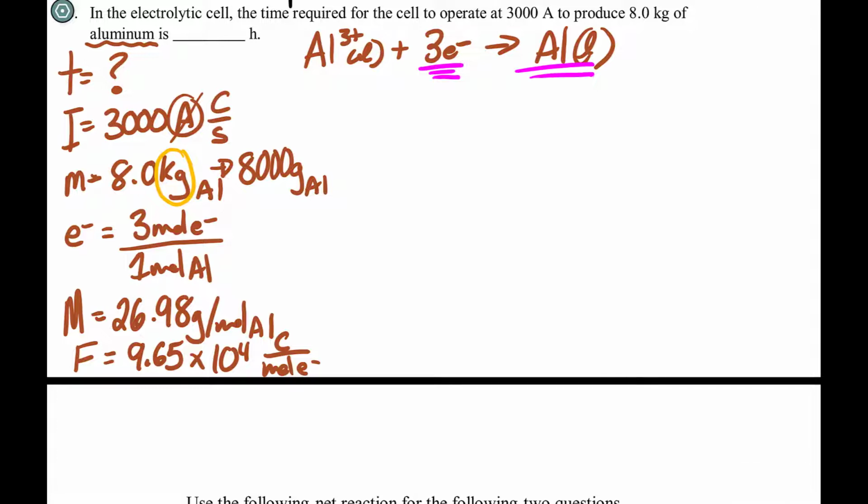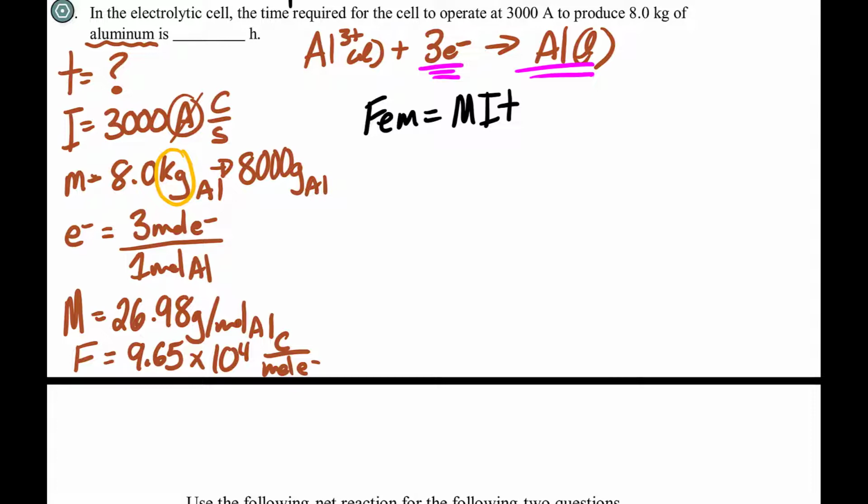Based on all of these things I have, I know I'm going to be using the Fem-Mit equation. Remember, Fem ends with a lowercase m, and Mit starts with a capital M, the capital M being molar mass.